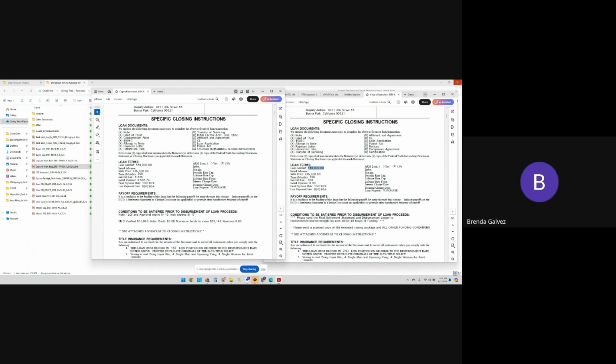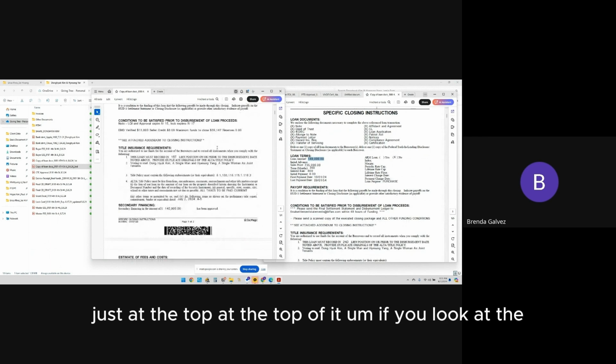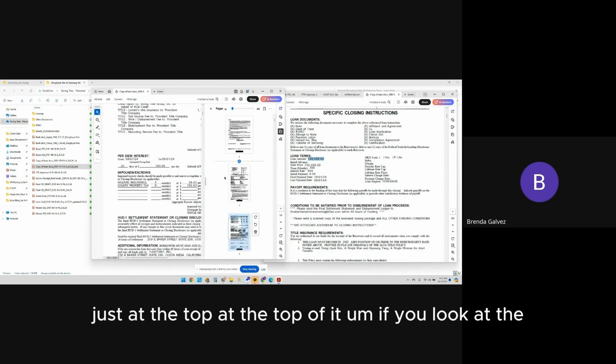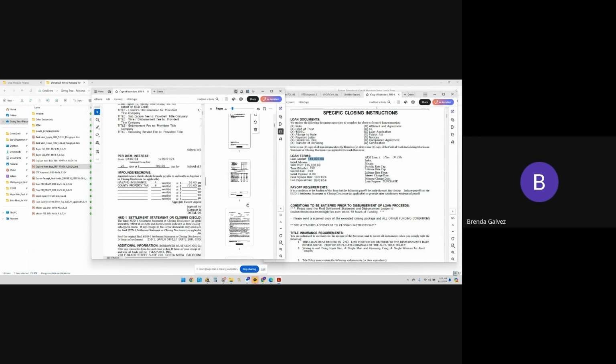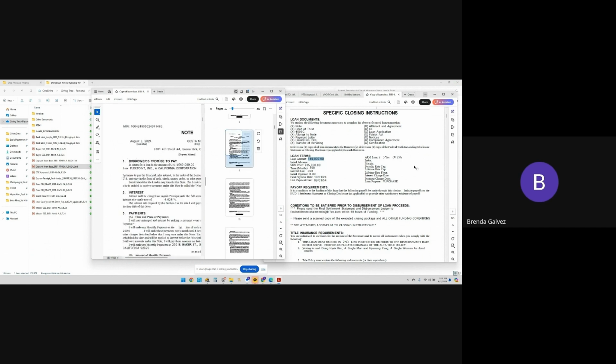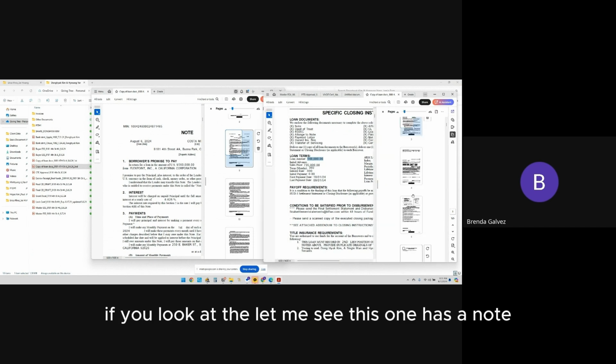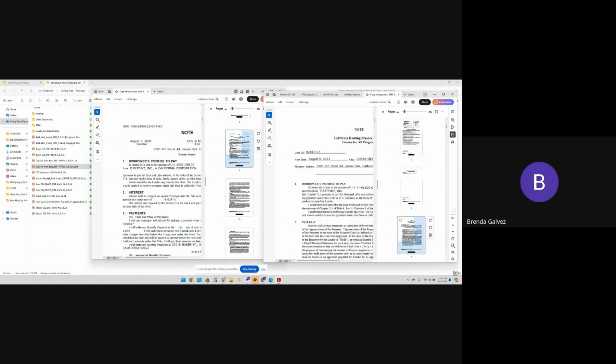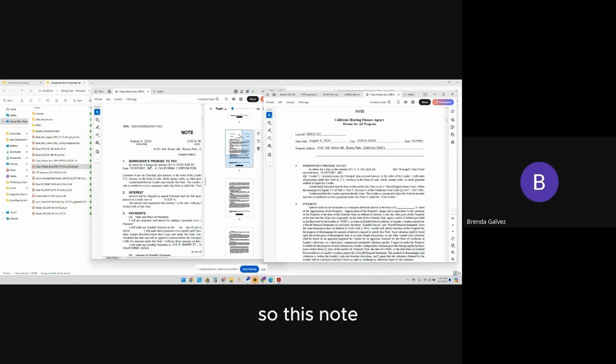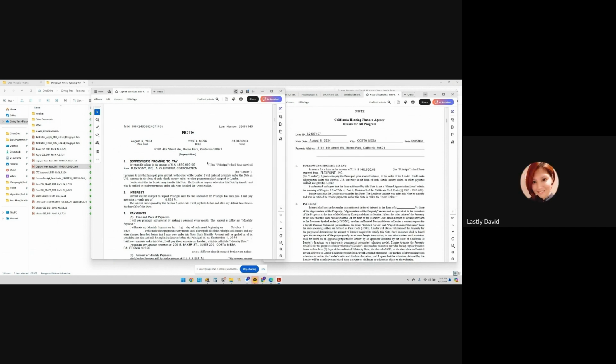That's kind of like looking just at the top of it. If you look at the, let me see if this one has a note. So this note right here is for the 560.